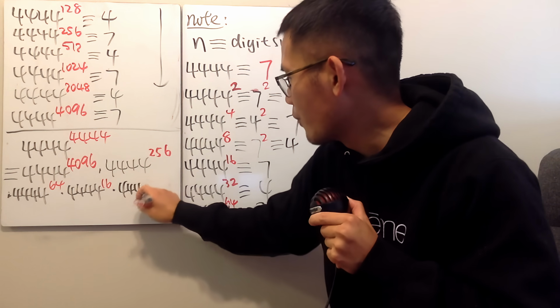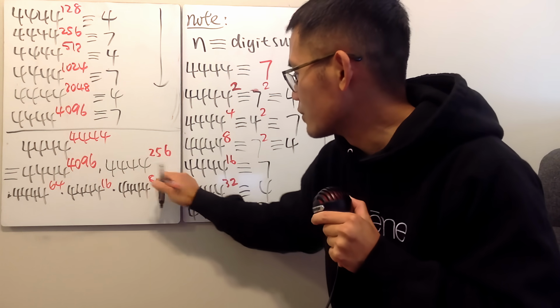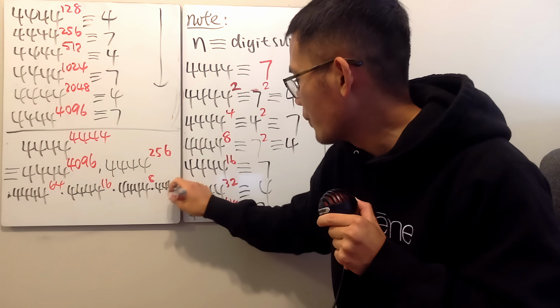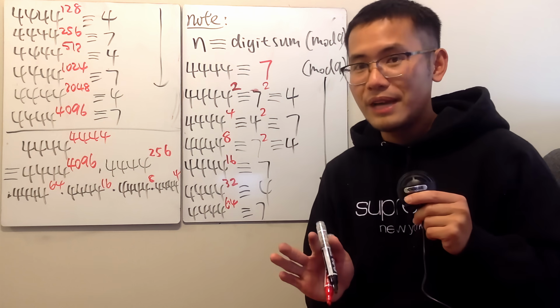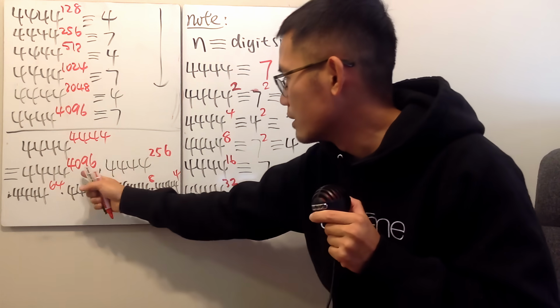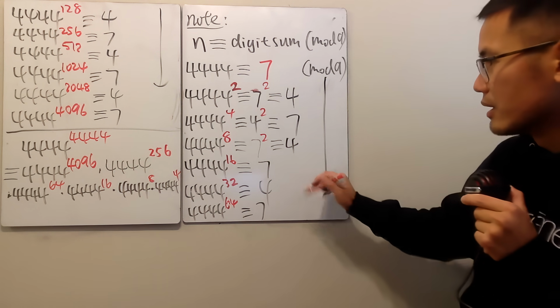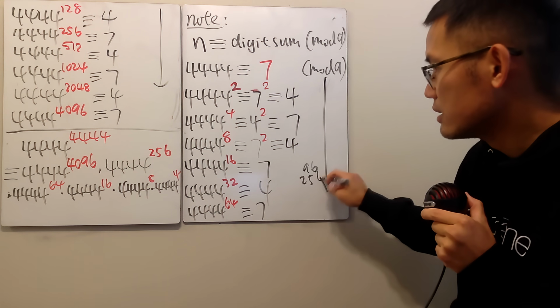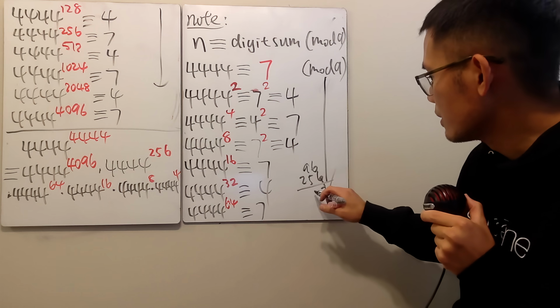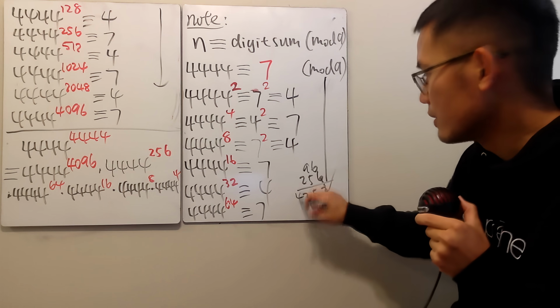Now let me see if these exponents actually add up. 96 plus 256 is 352, and then 4 right here.